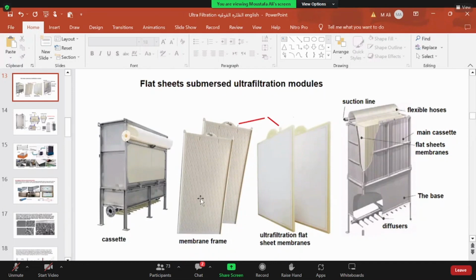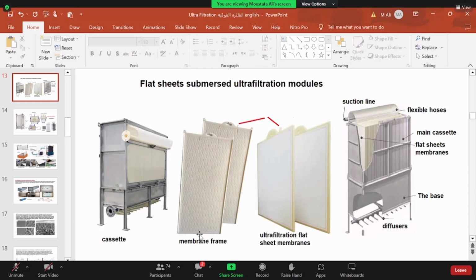This frame has water transport material inside it, which can be just woven or any supportive layer. Any supportive layer works or acts as a channel way for the filtered water.